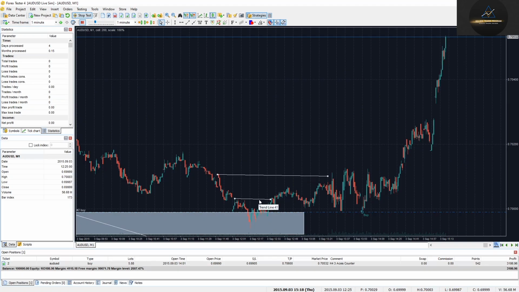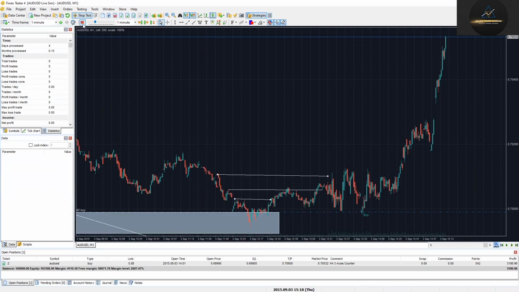But then there was a very subtle one right here, very subtle. And so it was at around this point where I decided, right, let's take this trade on the M1.